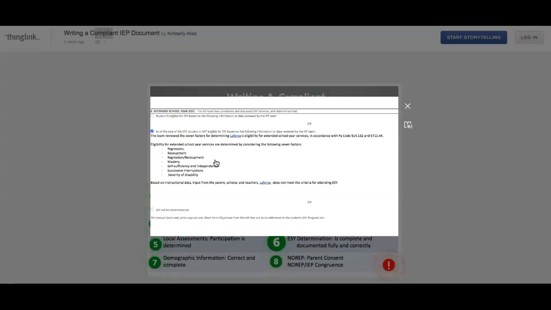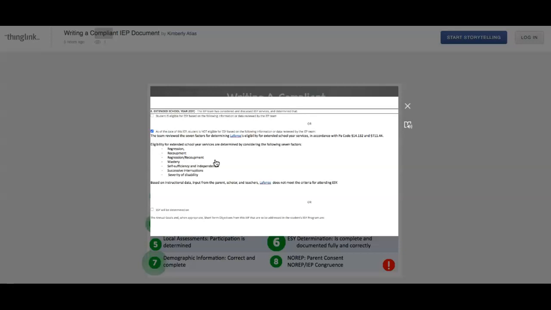At the end of the language, if a student is eligible for ESY, you can address it, but make sure you're using one or more of the 7 factors. So: based on the information and the data reviewed at the IEP meeting, the team has determined that John is eligible for ESY based on regression and recoupment. That's the last line, and that should be added into the IEP.